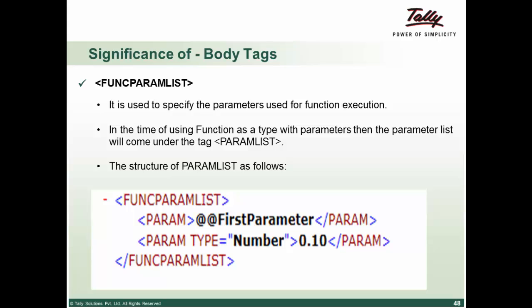Function param list, param is a tag, and parameter param first tag and second tag. Please note param is not mandatory for every function. Depending on the number of parameters the function takes, this tag may exist or may not exist.